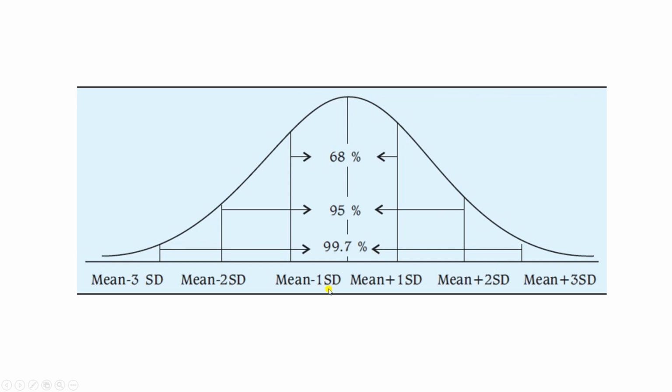Mean plus minus 1 standard deviation means the mean value and the value of standard deviation on either side. Mean is 81, standard deviation is plus minus 7. So 81 plus 7 is 88 and 81 minus 7 is 74. So this will be my 74, this will be my 88.